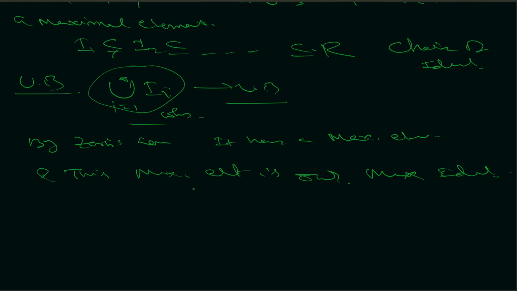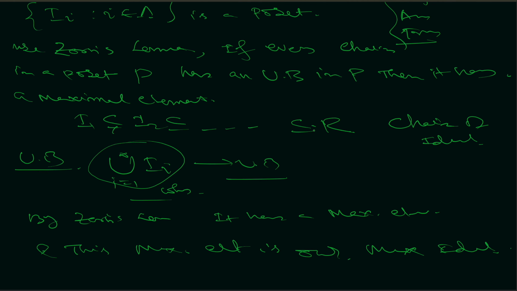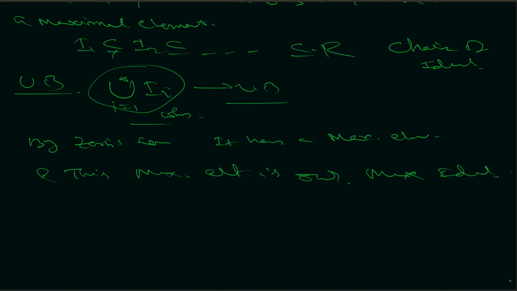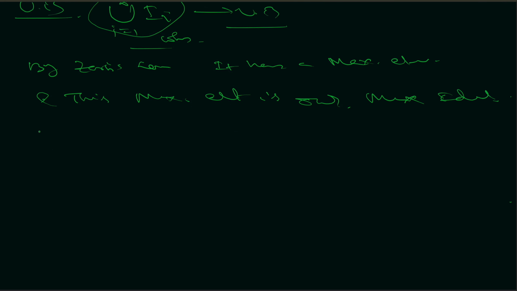What do you think, the question: R[x] by the ideal generated by x square plus 1, what will the structure be?